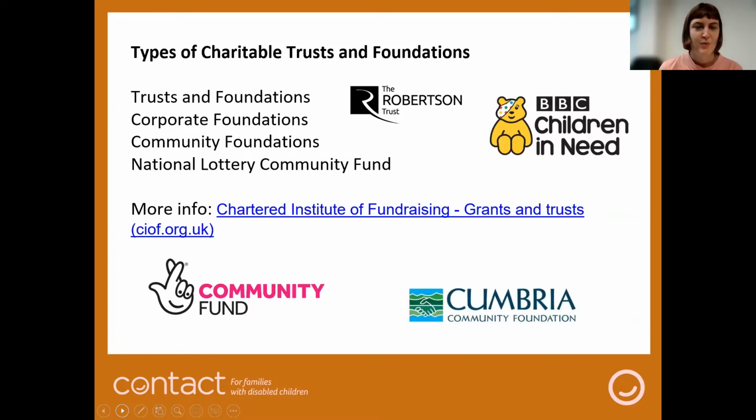So as you can see here, we put some mostly recognisable trusts, well-known ones such as the National Lottery Community Fund and Children in Need. But there are also smaller local community foundations like the Cumbria one pictured there, which we think would be a good starting point for you because they're specifically set up for regional funding.